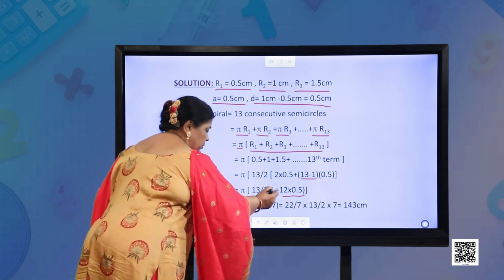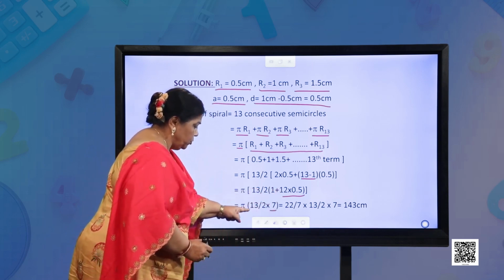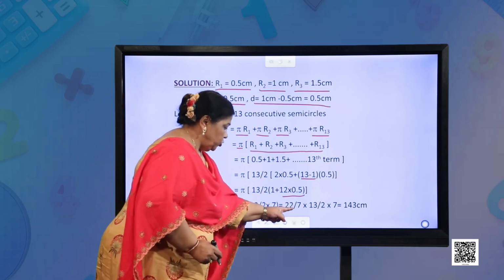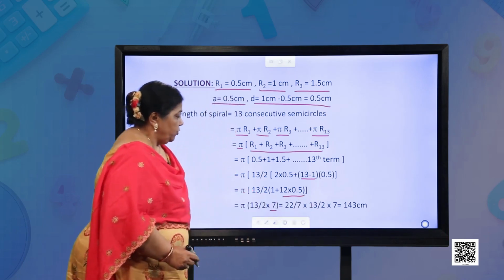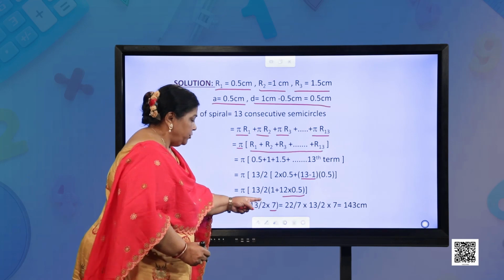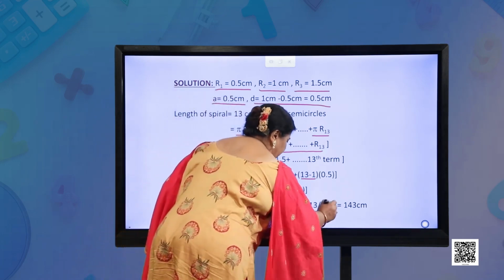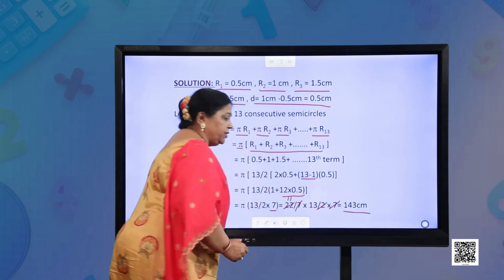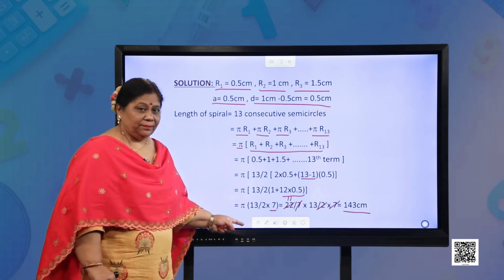It will be 6, 6 plus 1 will be 7 here. So, pi is common, 13 upon 2 into 7 is equal to 22 by 7 into 13 upon 2 into 7. You find that 2 gets cancelled with 22, it is 11, and 7 with 7. So, you have 11 into 13 as 143 centimeters. This is the length of the spiral.